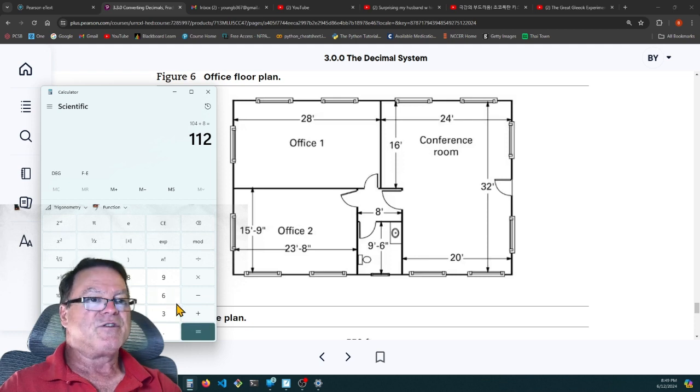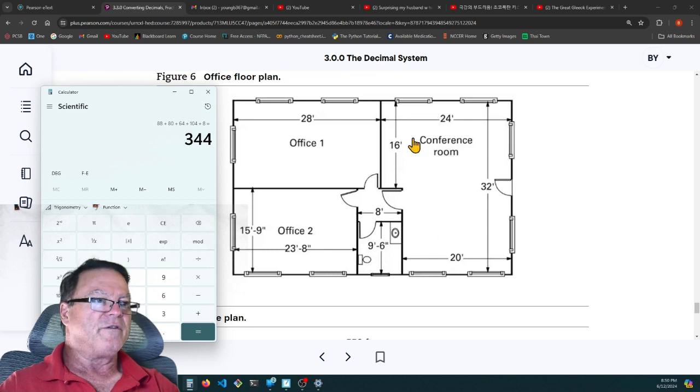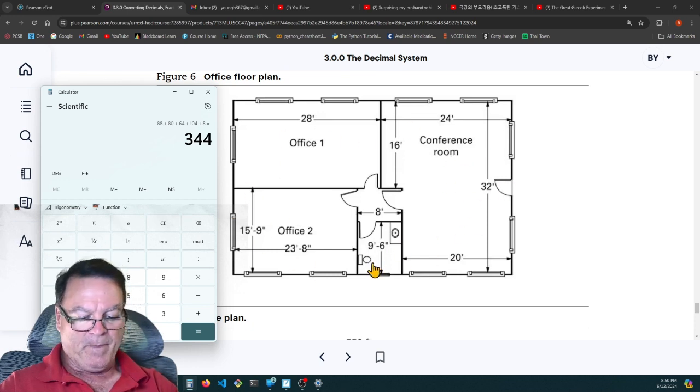Okay, so the total, we're going to add all those together. We have 88 plus 80 plus 64 plus 104 plus 8. So we have 344 linear feet of baseboard in all of the rooms of this office building.